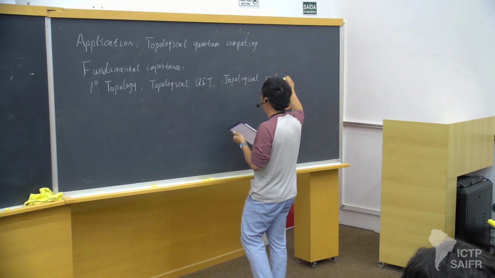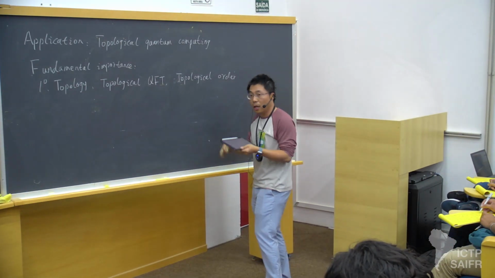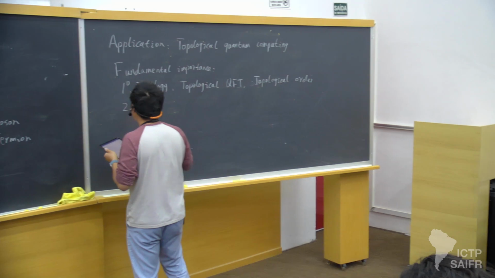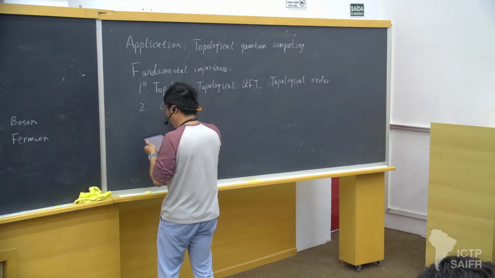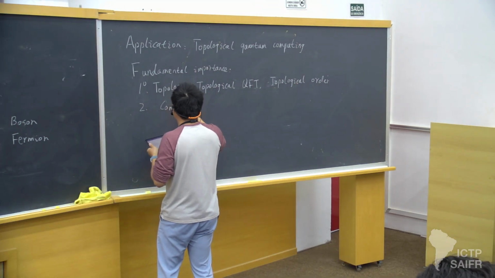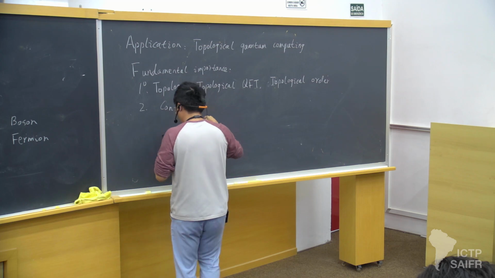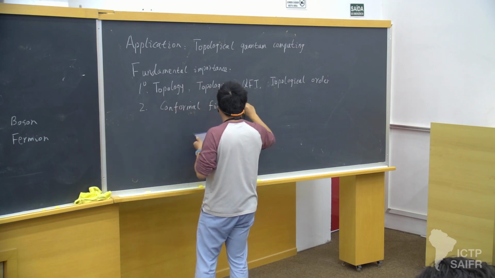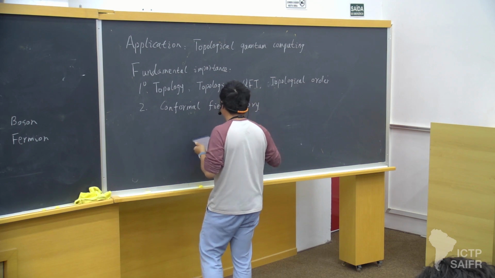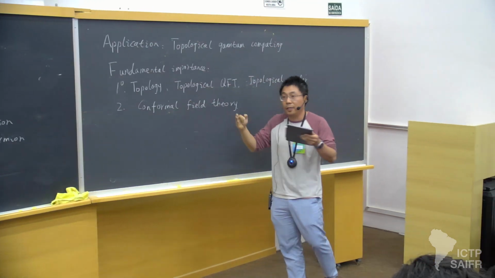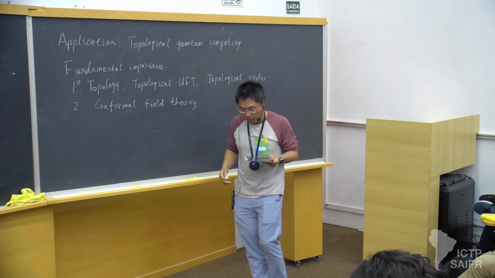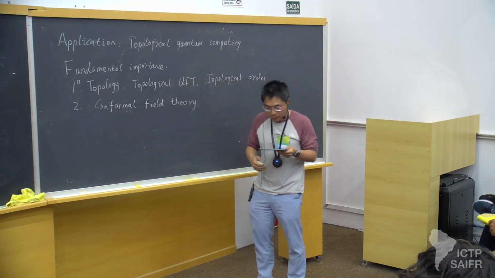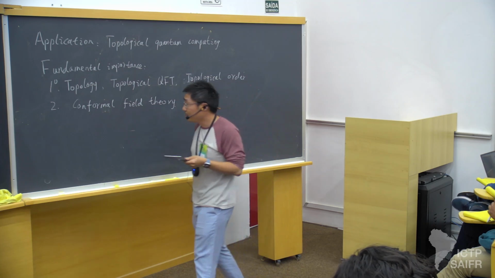And all of that really started from this quantum Hall effect. The quantum Hall effect also has deep connections with conformal field theory, which is another type of quantum field theory that is closely related to many physical phenomena, like phase transitions in the Ising model that Juan talked about in the morning.